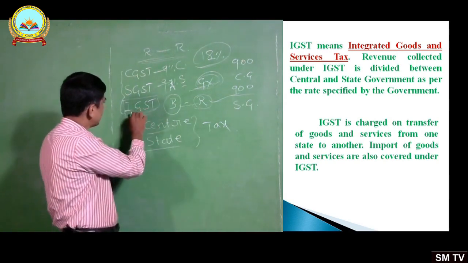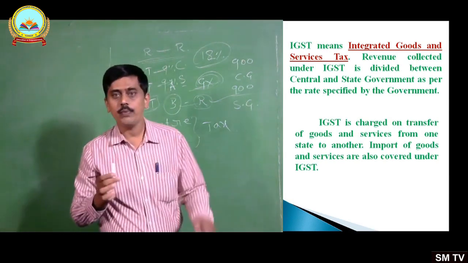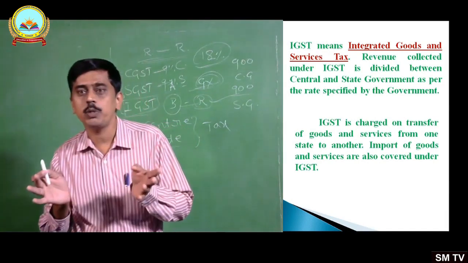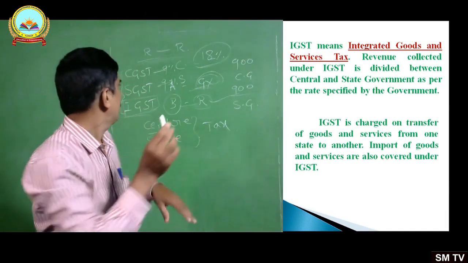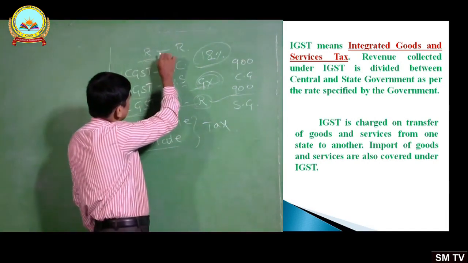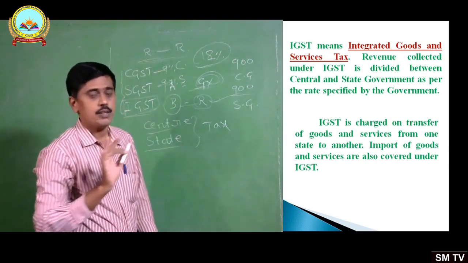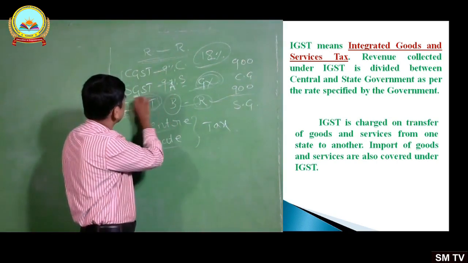Means IGST comes only when there is a transaction or dealings between two states. If Ramesh of Karnataka sells goods to Rajesh of Karnataka, there will not be any IGST.